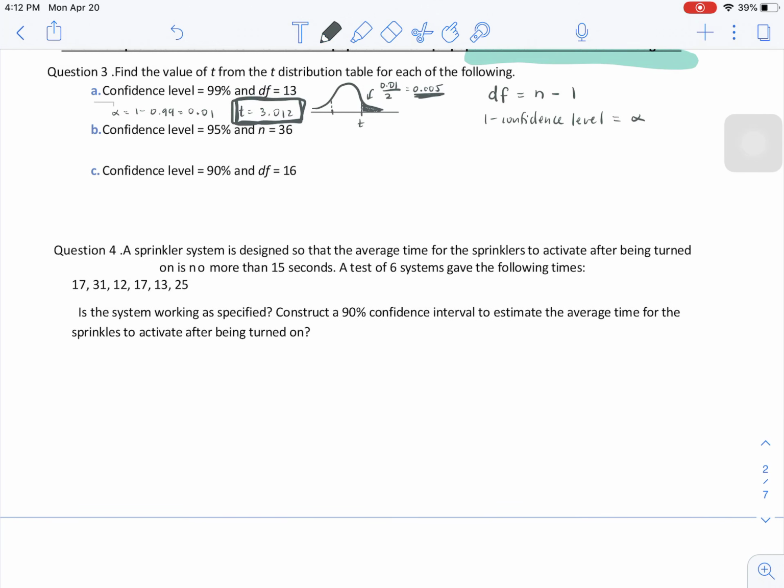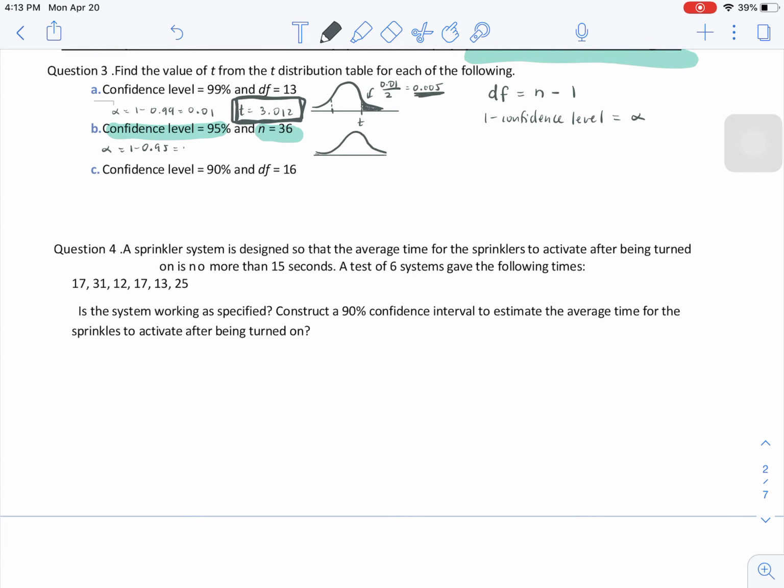Now let's suppose our confidence level is 95% and our sample size is 36. So first I'll find the area to the right of my t statistic that I want. Now my area in both tails is 1 minus 95%, which is 0.05.